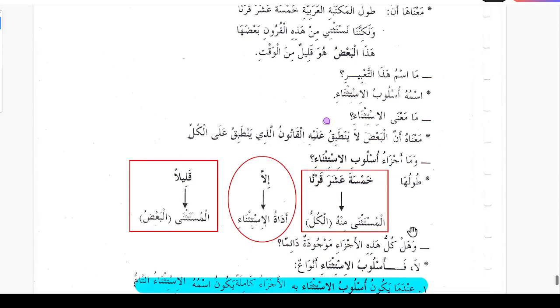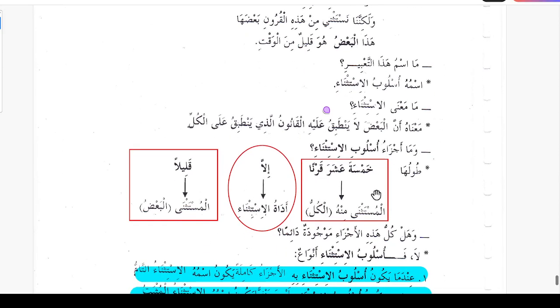For example, when we said Tuluha khamsata ashara karnan illa kalilan, that means its length is 15 centuries. So the length which applies on 15 centuries does not apply on part of it, kalilan.